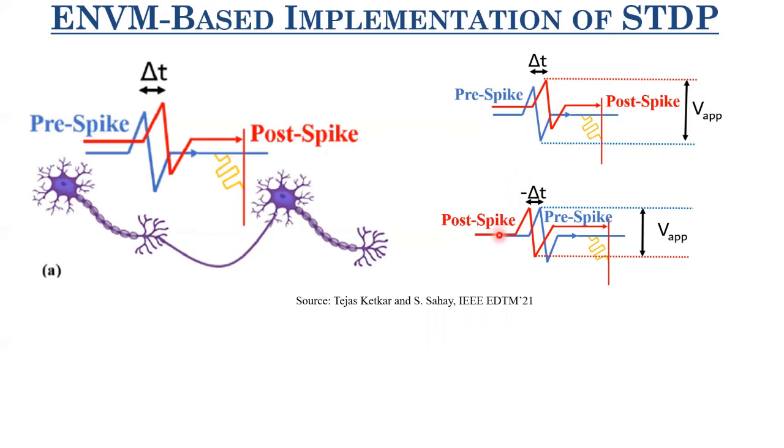Similarly, if the pre-spike comes before the post-spike, here you can observe that the pre-spike has come before the post-spike. Since the pre-spike is feeding the top electrode of this RM, the maximum voltage drop across this RM occurs at this instance when the post-spike is at its minimum and the pre-spike is at its maximum.